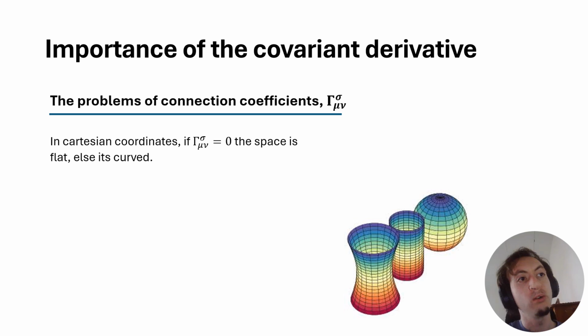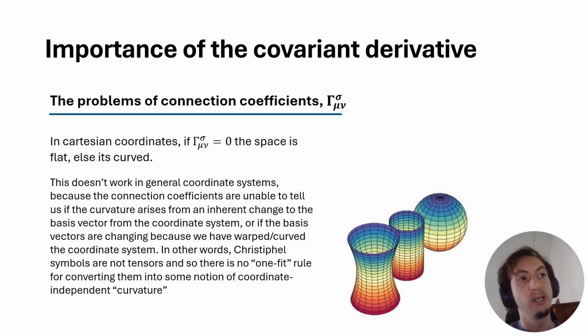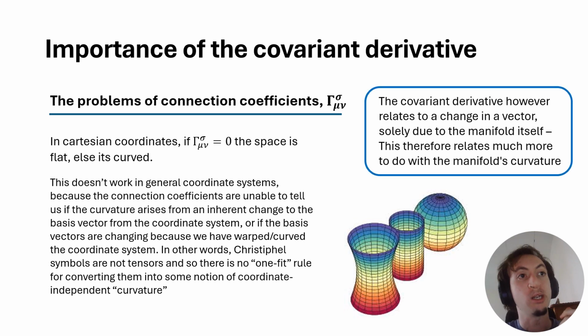And whilst in Cartesian coordinates there's a nice measure of whether the space is curved or not in terms of the Christoffel symbols, that doesn't work if we're considering different representations of our Christoffel symbols, so representing them in different coordinate systems, and that relates to our Christoffel symbols not being good tensors.